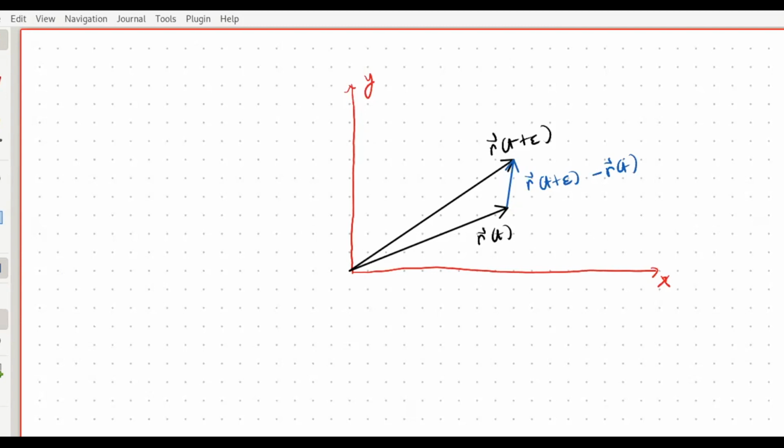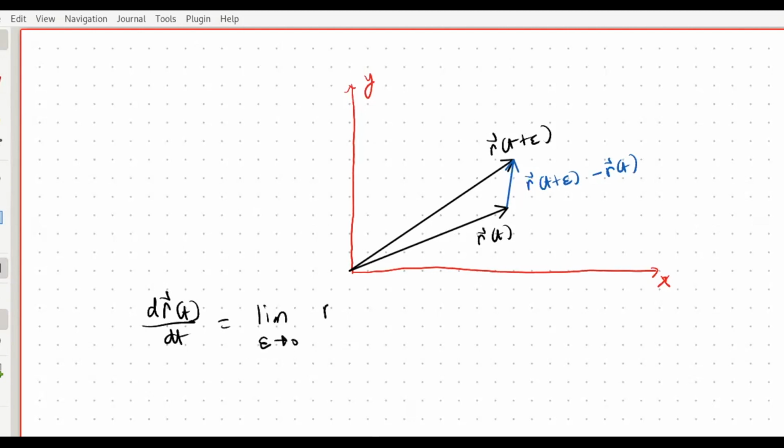So if we want to get the derivative, the derivative is defined as the limit as delta t, as epsilon goes to 0, of R of T plus epsilon minus R of t, over epsilon.